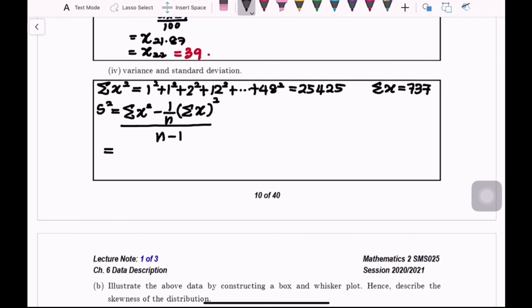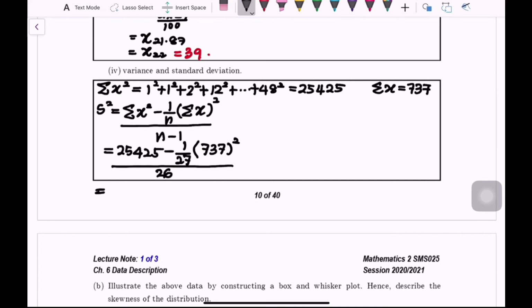Substituting all these values: 25425 minus 1 over 27 times 737 squared, over n minus 1, which is 26.